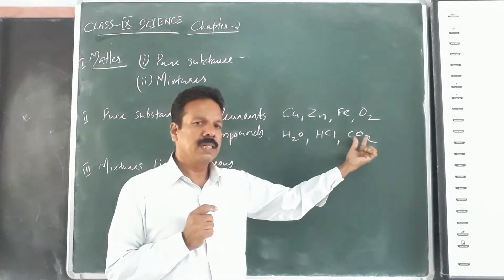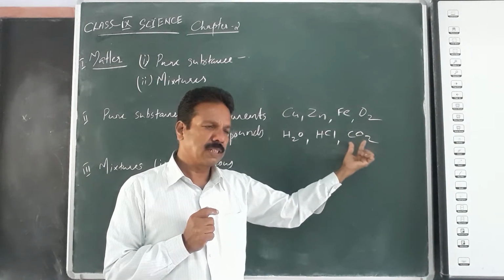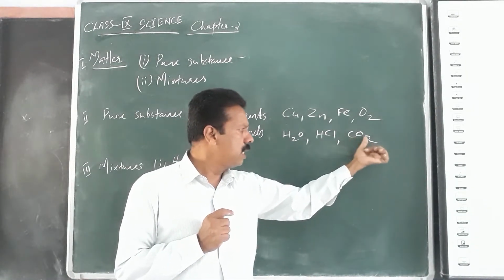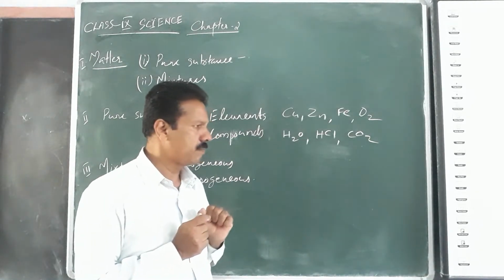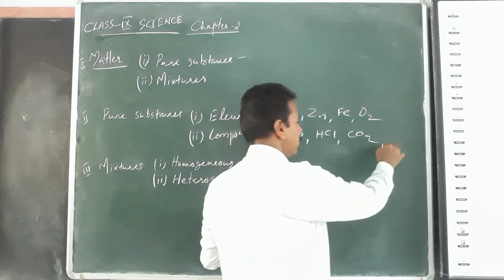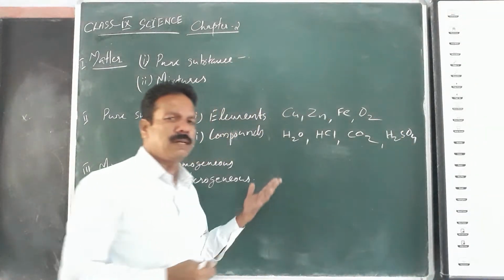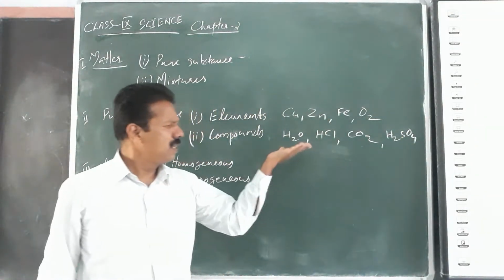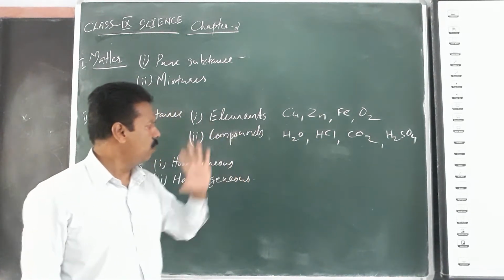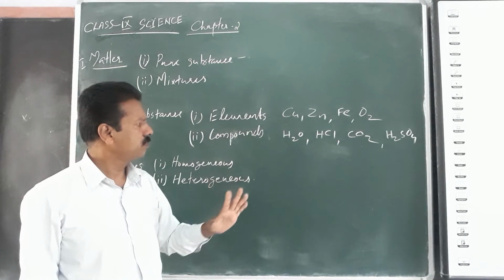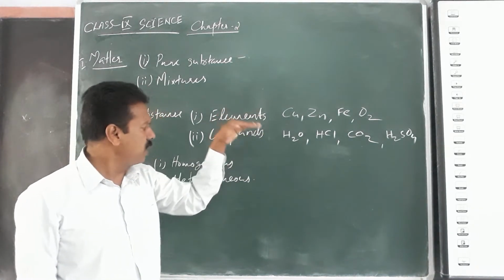Carbon dioxide: carbon and oxygen combined in a fixed proportion, 1 atom of carbon and 2 atoms of oxygen. Then H2SO4, SO2 are different compounds as examples. Now I think you got some clear idea about the elements and the compounds.